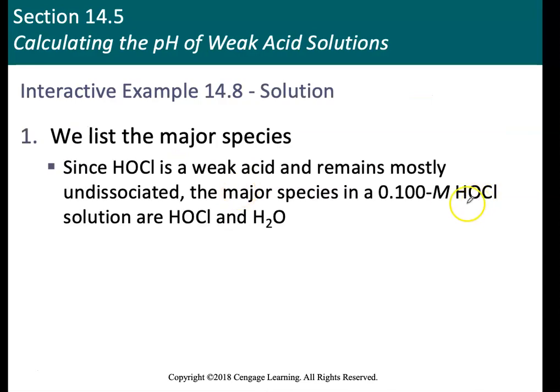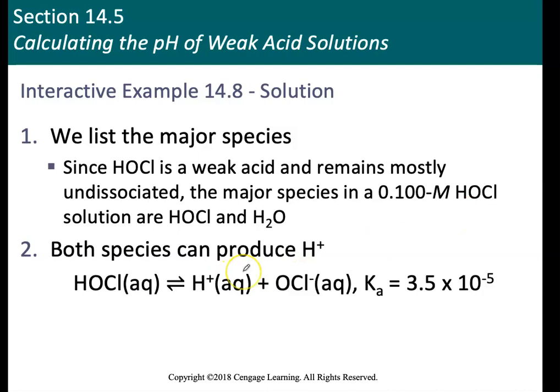Okay, we'll list the major species. If HOCl is a weak acid, the major species will be HOCl, and the other major species would be water. H plus will not be, because H plus will be only a partial quantity dissociated. And likewise, its conjugate base, OCl minus, will be very small, as we know that dissociation of a weak acid is very small.